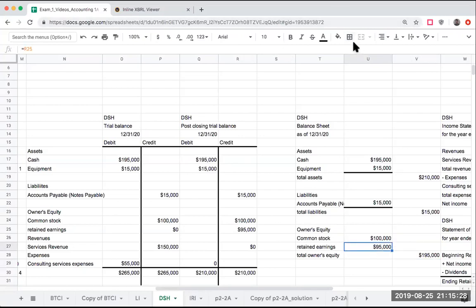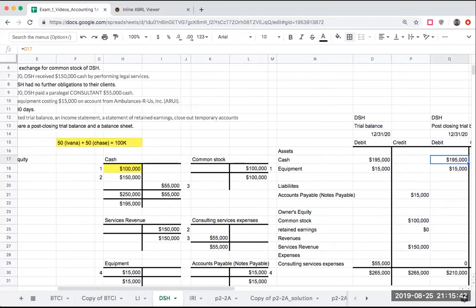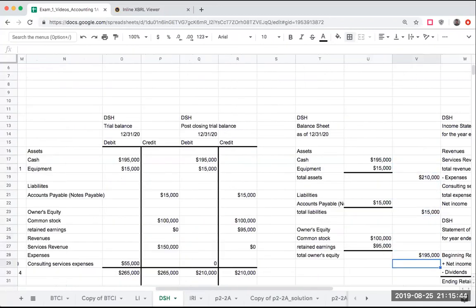So the last thing I need to prove, right? I'm proving ultimately what I do here. This A equals L plus OE, my assets are equal to my liabilities plus my owner's equity, is in essence my balance sheet. So my last part right here is going to say total liabilities plus owner's equity is going to be 15,000 plus 195,000, or 210,000.